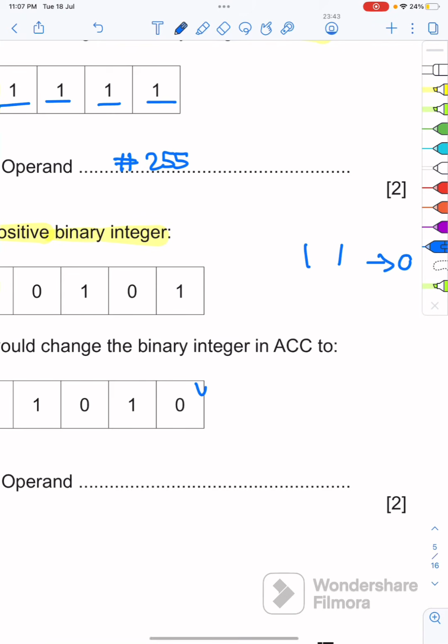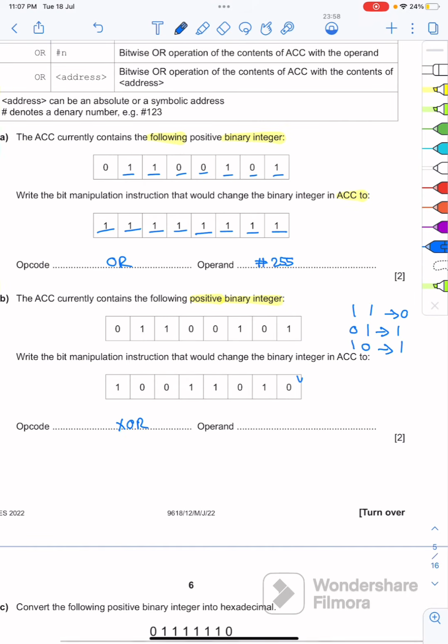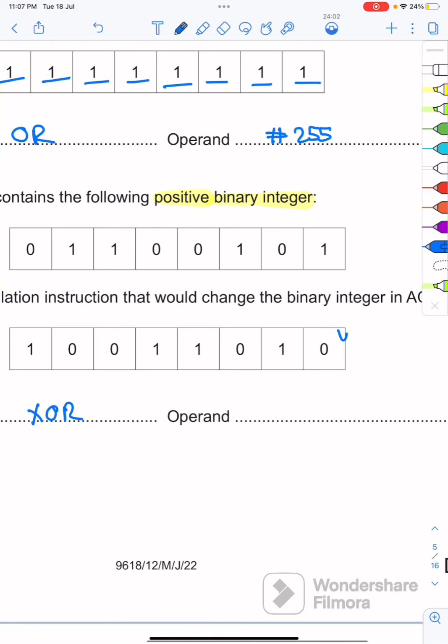If you've got 0 and 1, or 1 and 0 as your inputs, the output will be 1. So to reach this from this, it's pretty straightforward that a XOR gate with every single input as 1s would do it through bit manipulation.